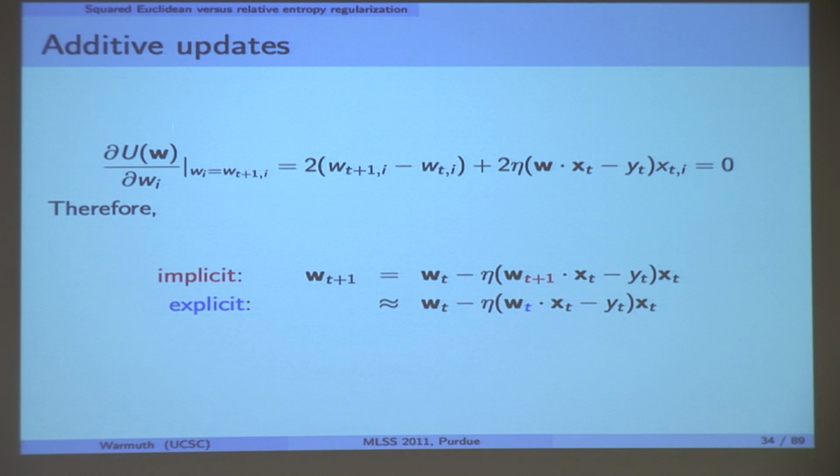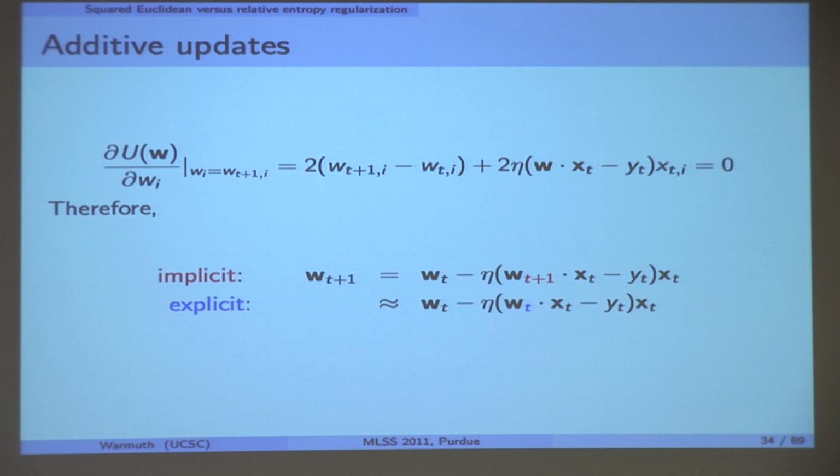Now, if you take this little thing, set it to 0, and solve, what you're going to get is the following curious update. New weight is old weight minus eta times the gradient. Cool, right? Now if you look at this very carefully, you get that the new weight is the old weight minus eta times the future gradient, the gradient at w_{t+1}.